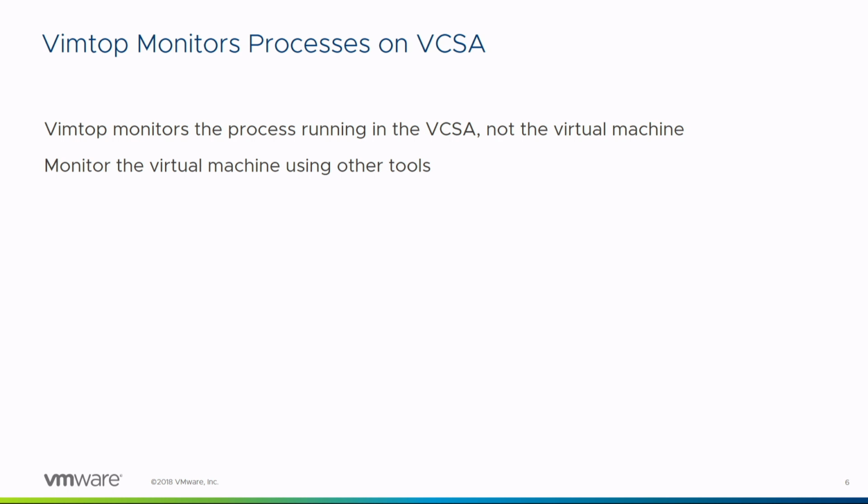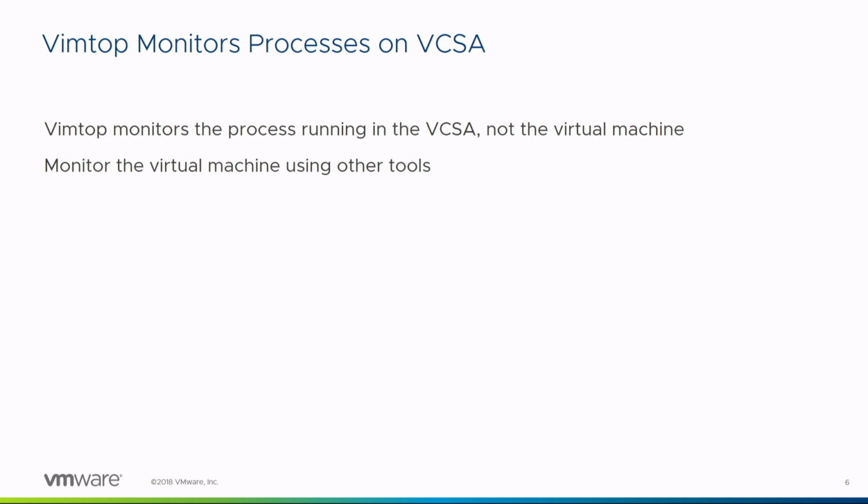So when we talk about making sure that this is running optimally and doing what we want it to do, we have to remember we're looking at 2 different things. First, it is a virtual machine, so we need to take a look at the big picture. Make sure the virtual machine is running right. Make sure that it isn't over-consuming CPUs, getting the resources it needs. And then when we do see that we are having problems with it, we need to dive into it and take a look at the processes that are running in it.